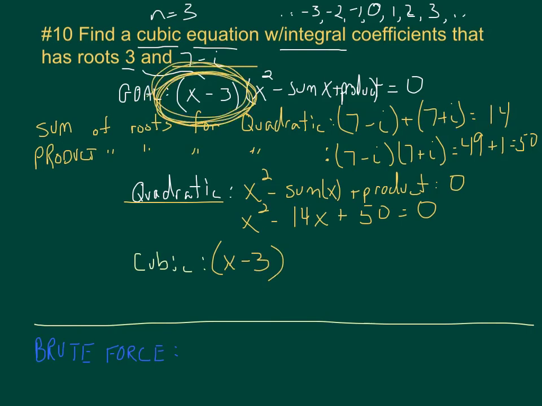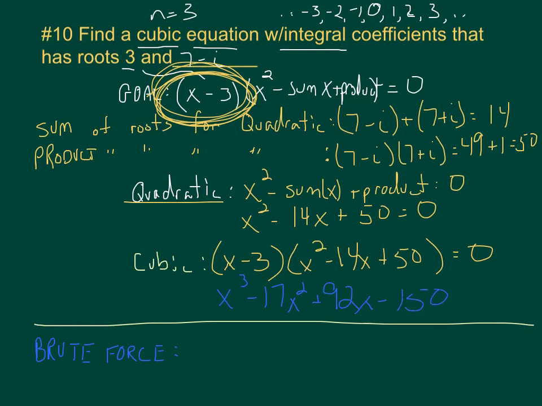See? x minus 3 times my quadratic. And there you have it, friends. You have a cubic equation. Now it's factored, so you could multiply all this together if you want to. You get x cubed minus 17x squared plus 92x minus 150. All I did there was the distributive property. You with me? If you want, you can check me on that.